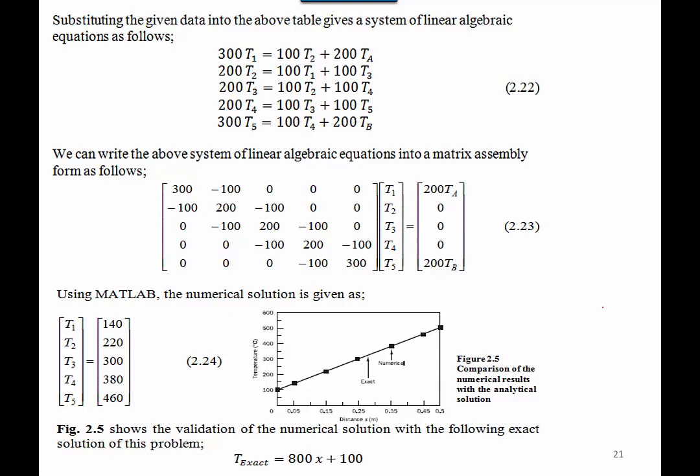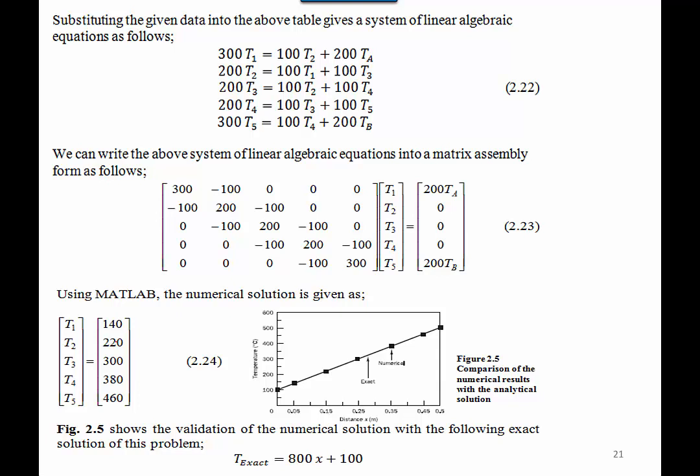If we rearrange or write these 5 algebraic equations into a matrix form, it will be written as shown in the matrix system 223. If we solve this matrix system using MATLAB or our scientific calculator, we will have this solution, which is this temperature vector, shown at vector 224.